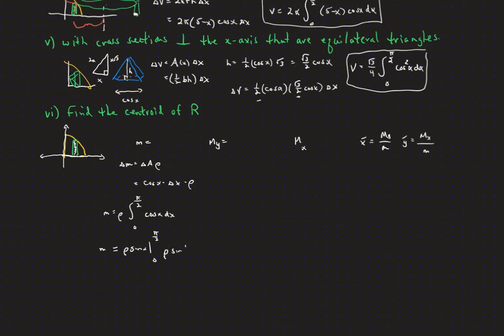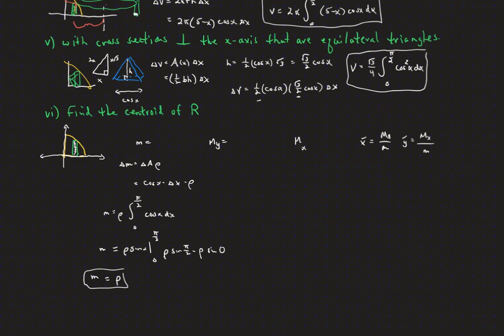It's the sine of pi over 2 minus the sine of 0, and that's just rho times 1 minus 0, so that's just rho for the mass.